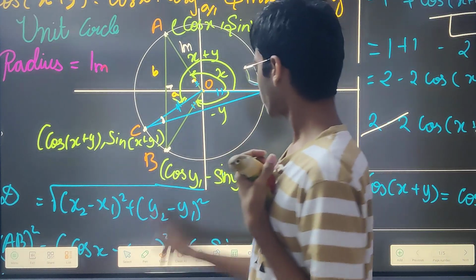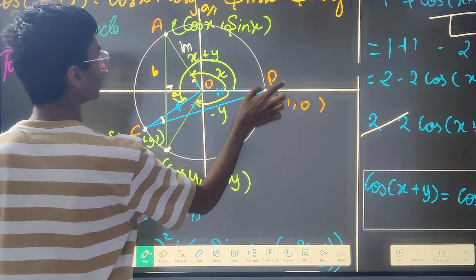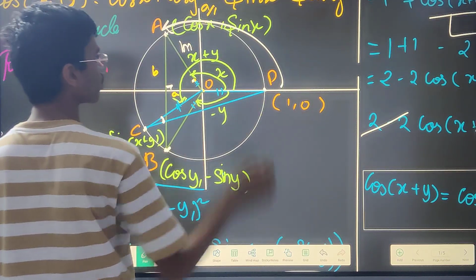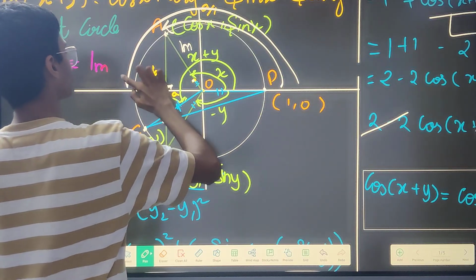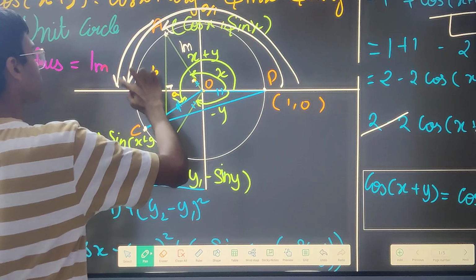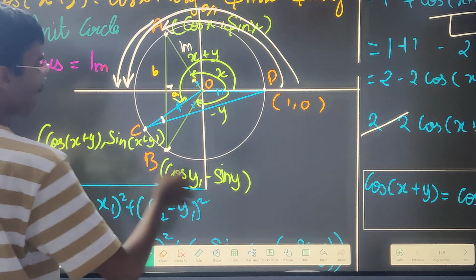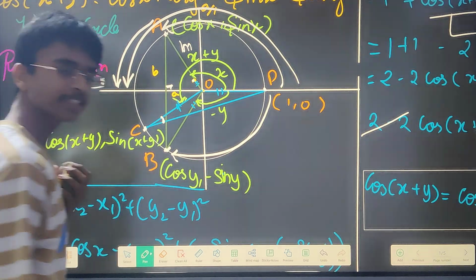Now when you are considering all these angles, the entire angle from here to here is x degrees, and this total angle is what is known as x plus y degrees. That means this entire angle is going to be y degrees, and from here to here it is going to be minus y degrees.